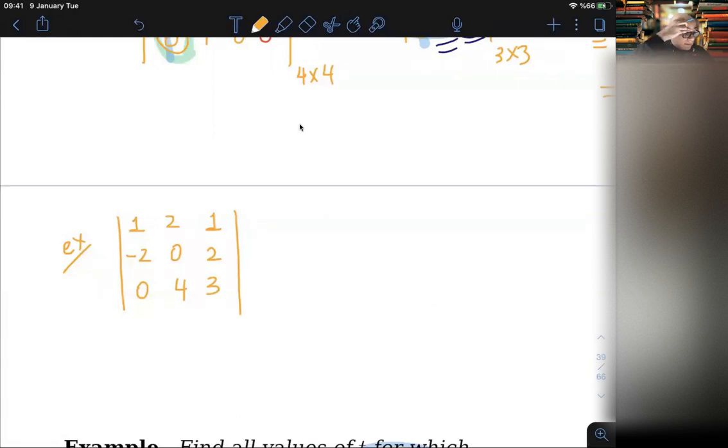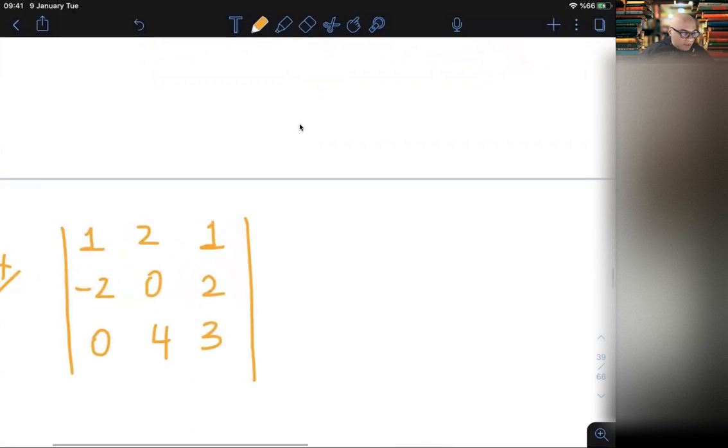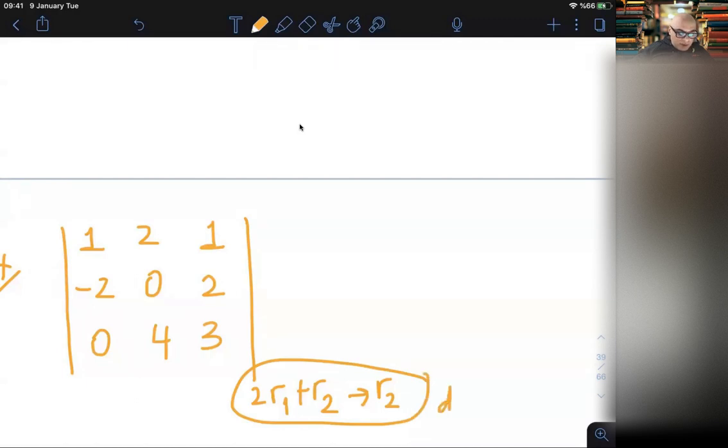There is no row or column which has 2 zeros, so we would have to compute 2 cofactors, but I don't want to do that. What can I do? Before starting, I can use the row operation row 1 plus row 2 to row 2. This operation, which we talked about yesterday, does not change the determinant.